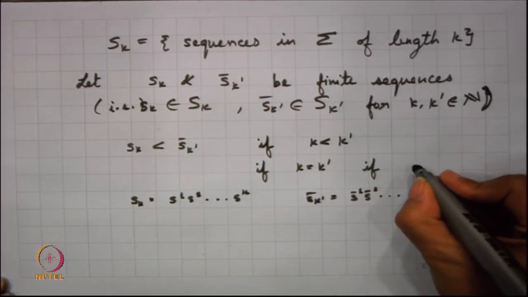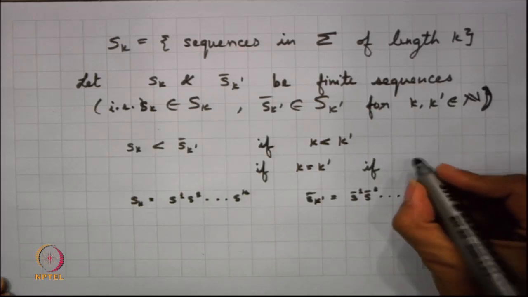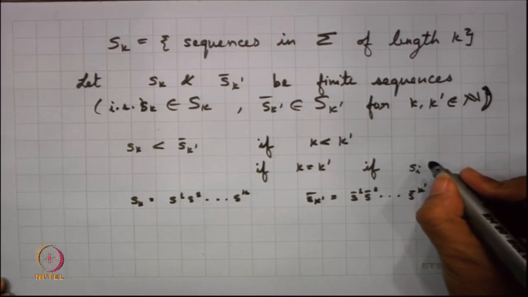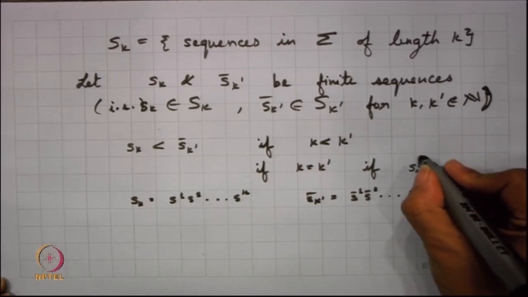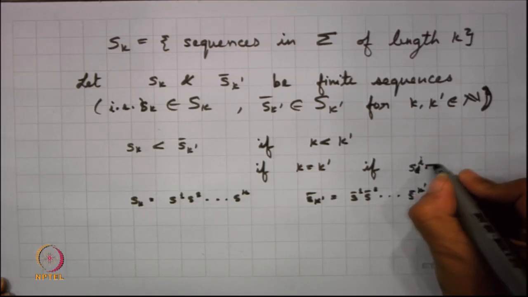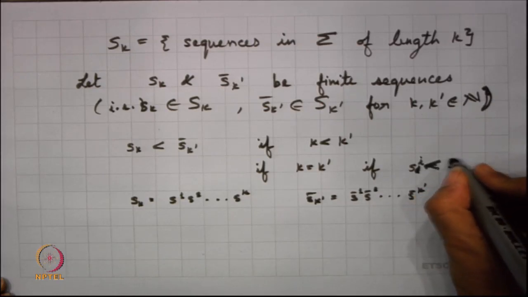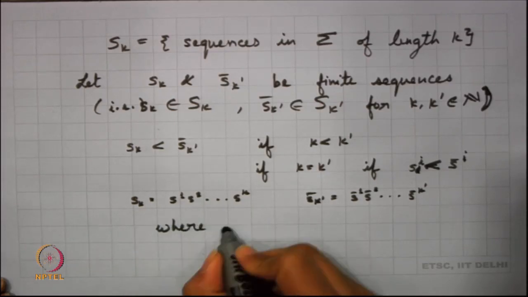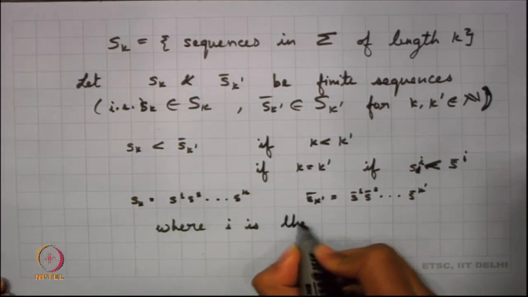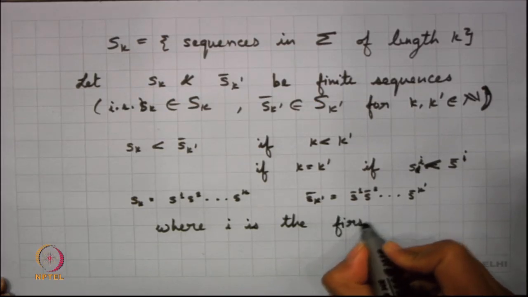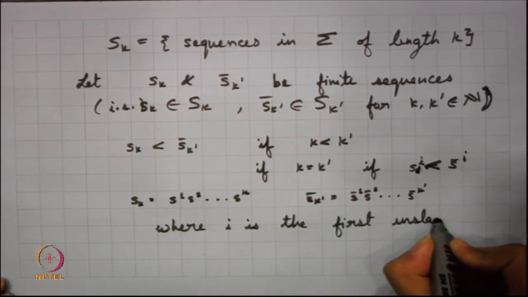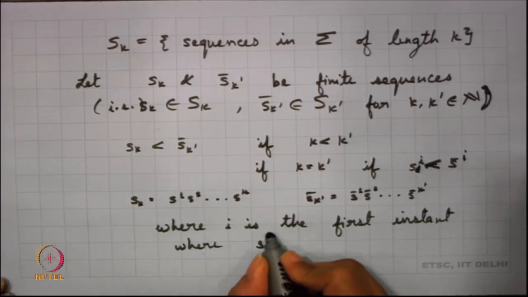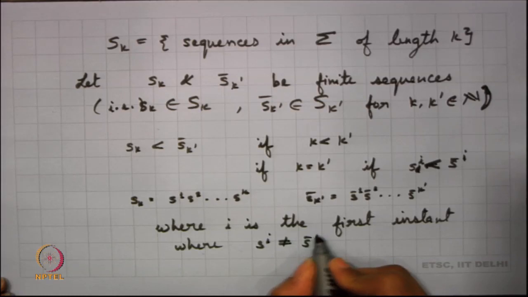I am looking into S_i being less than S̄_i, where i is the first instant where S_i is not equal to S̄_i.